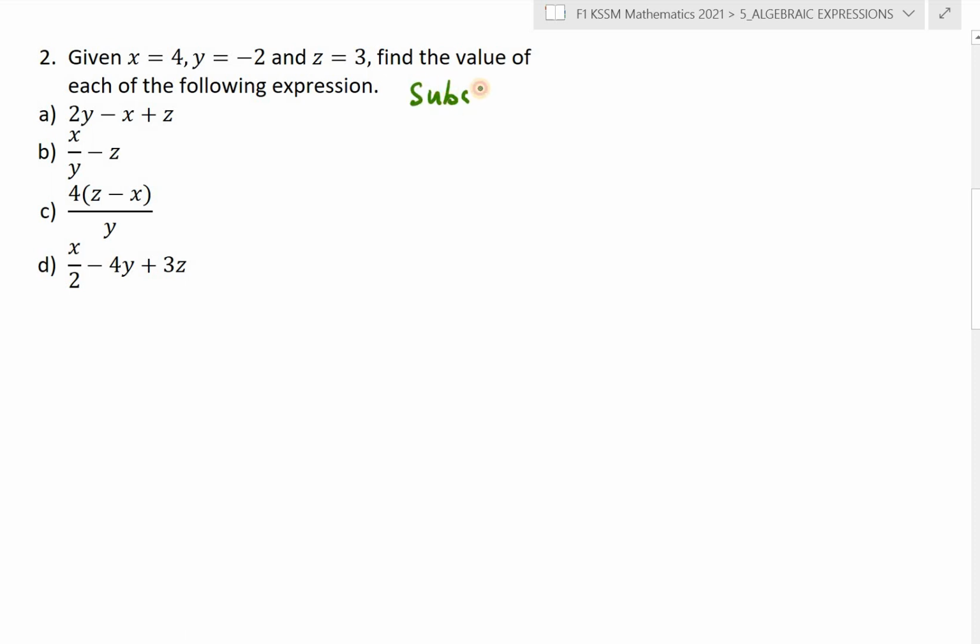Okay, substitute ini maksudnya gantikan. Okay, kita gantikan ke dalam expression yang diberikan. Okay, substitute into the expression.